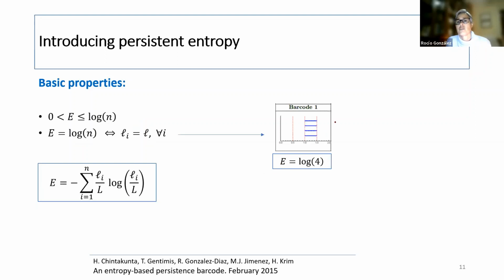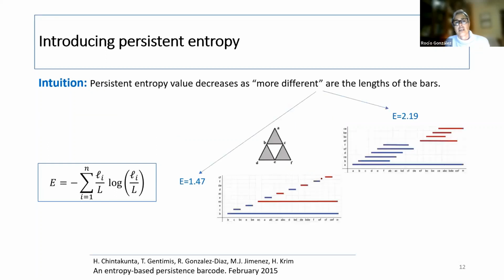We have a very easy example in which we have 4 bars, all of them of the same length, and then the entropy is the log of the number of bars, in this case 4. And in the case we had before, persistent entropy for this filtration, this ordering of the cells, is 1.47, and with the other ordering is 2.19.